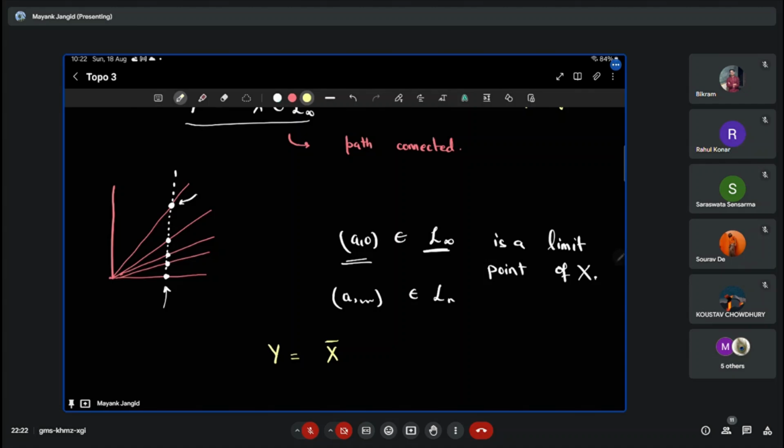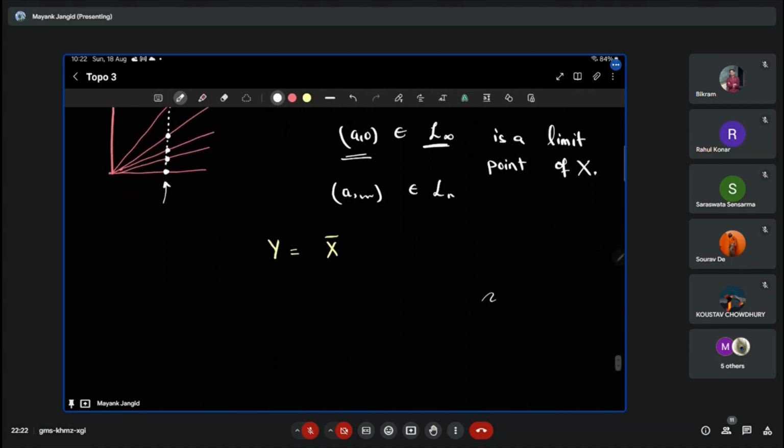And if C is connected and I have any set S between C and its closure, then this set must also be connected. Given C is connected, any set which lies inclusively between C and its closure is also connected. This is also easy to check.